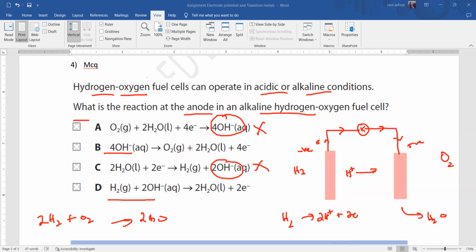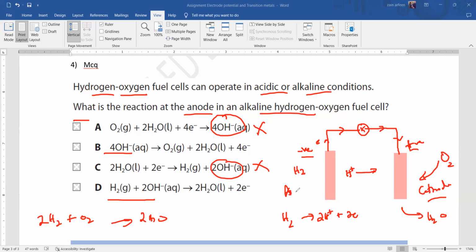So why is A incorrect? Because this is what happens at the cathode. In alkaline condition, the water molecule... this negative and positive is in terms of movement of electrons. But the side where oxygen is added is known as the cathode. So don't be confused between the positive terminal and the cathode.